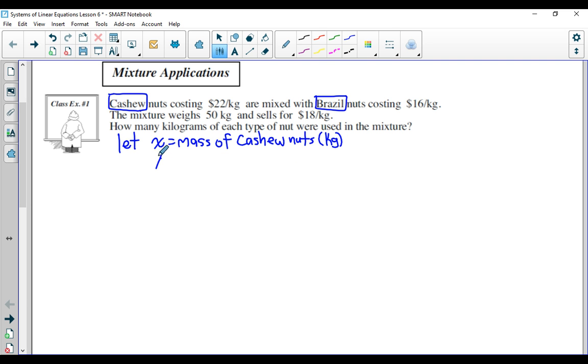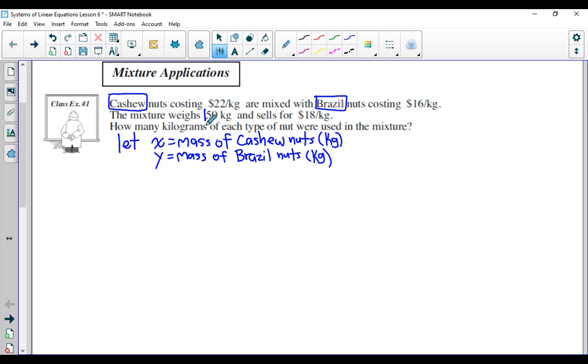And then we'll say let Y be the mass of Brazil nuts, also in kilograms.